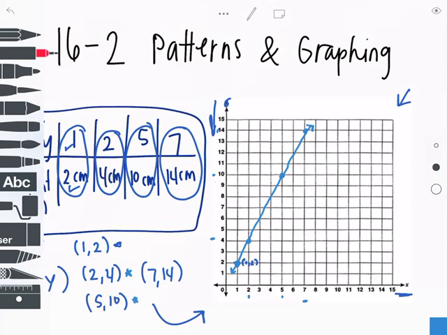So what that means is that this relationship is going to continue on day 8, on day 9, on day 10, all the way over, and then the plant is going to grow this number of centimeters. Okay, so this would be your answer, graphing your points onto the coordinate grid.